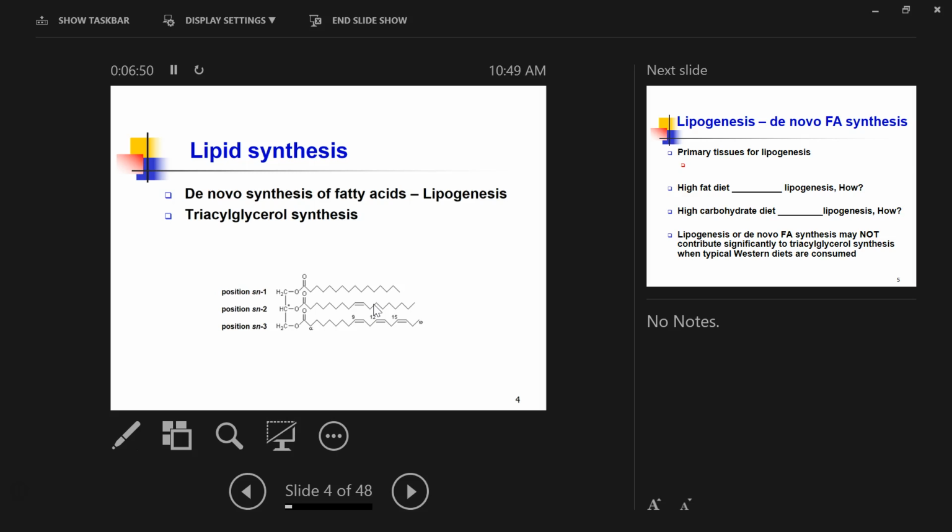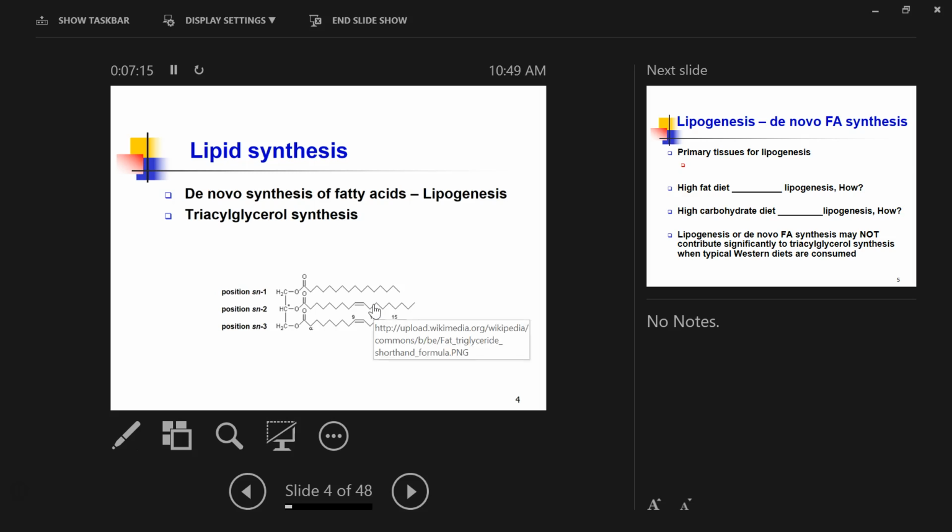And triglyceride synthesis, can you describe the process? What are the substrates of triglyceride synthesis? See here the structure of triglyceride: glycerol backbone and fatty acids, right?